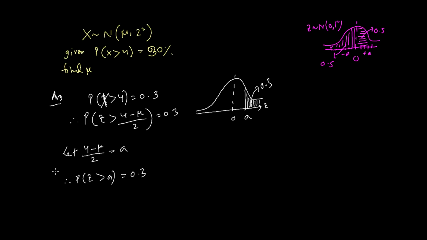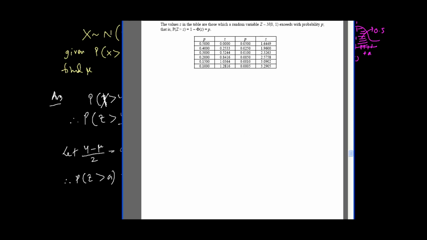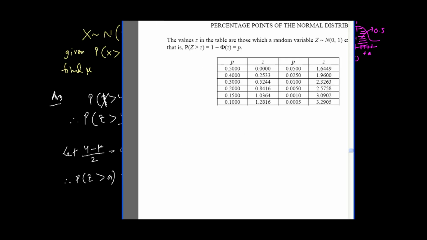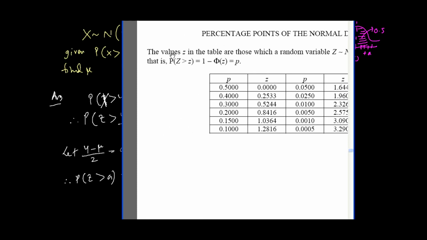For this type of sum, we don't have to look up the usual table. We can move on to the next table, which is a special table. Especially for this sum, it's the percentage table, and this table is greater than.